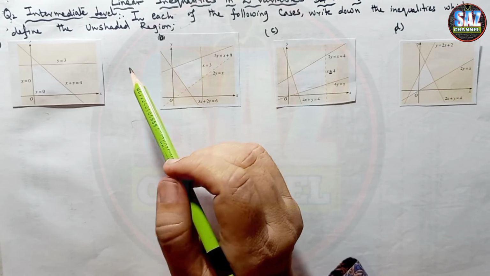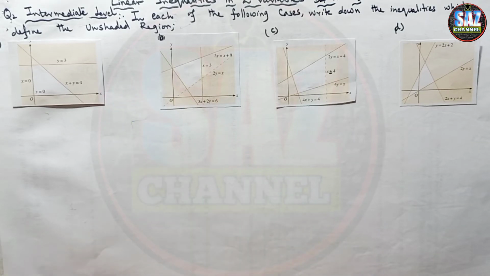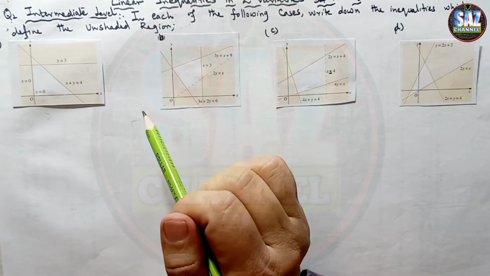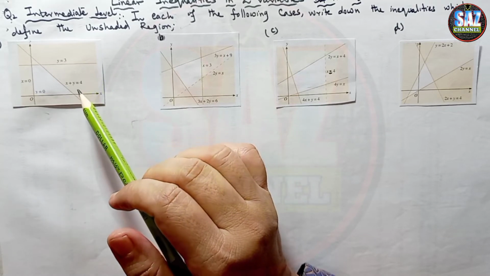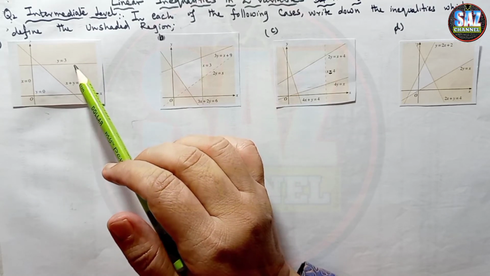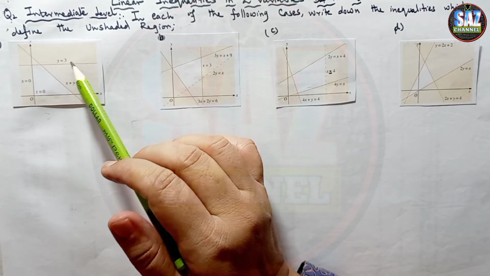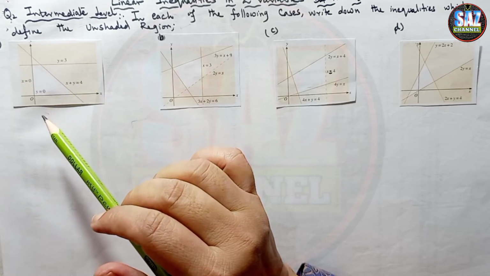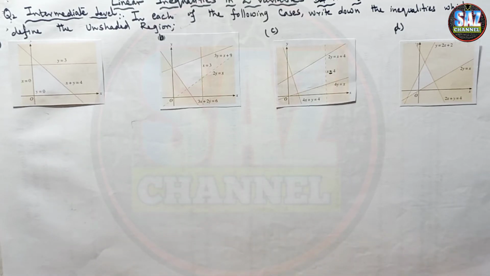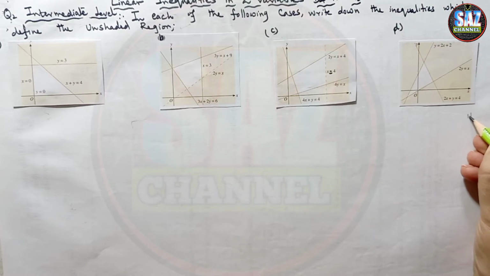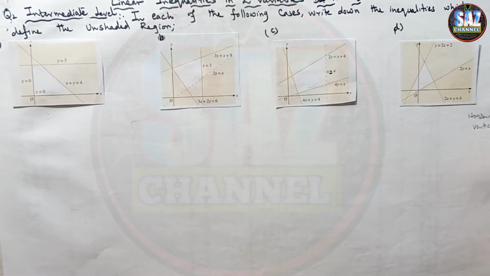In this question, we are given different graphs drawn and the equations of lines are given, and we have to write down the inequalities which define the unshaded region. I always ask my students to identify if there are any horizontal or vertical lines, and to begin the solution with those.